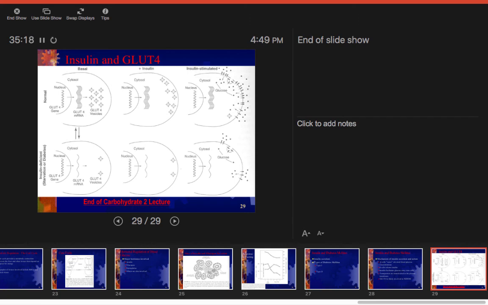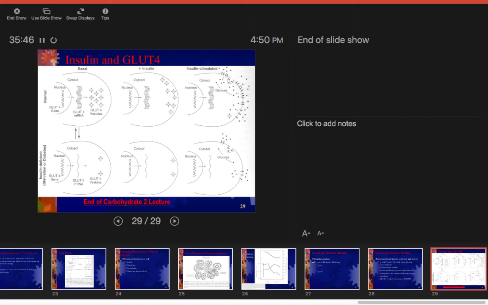And GLUT4, remember, goes through the secretory pathway. So in this case, it's been inserted in the membranes of Golgi, and these are waiting for insulin. And now insulin is released. It goes up in the blood, stimulates its receptor, and now it causes these GLUT4-containing vesicles to move to the plasma membrane, embed, and allow glucose to go in. We've talked about this before.